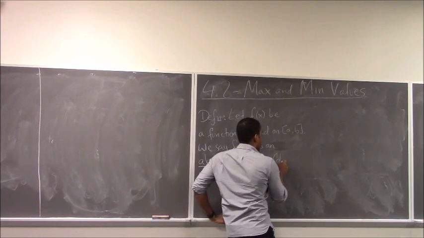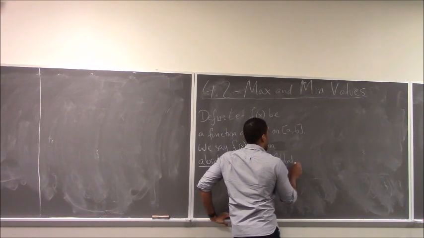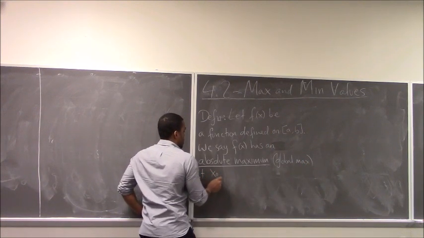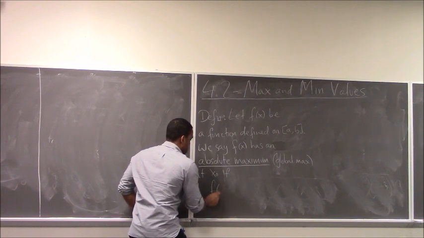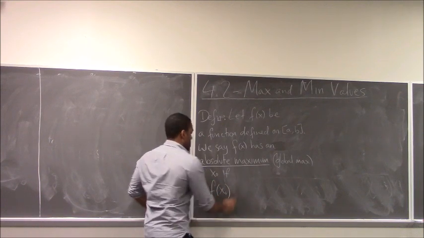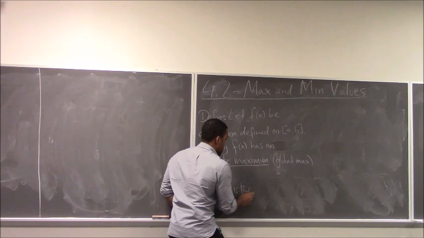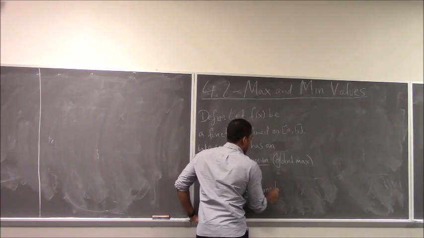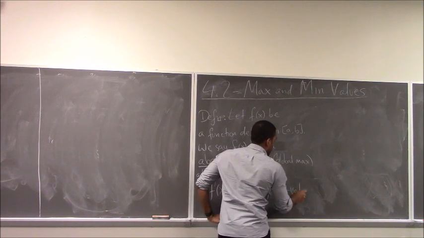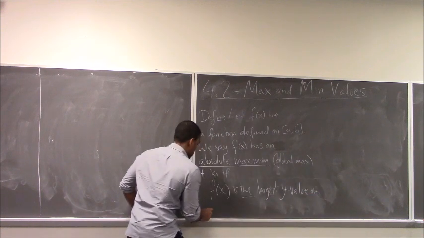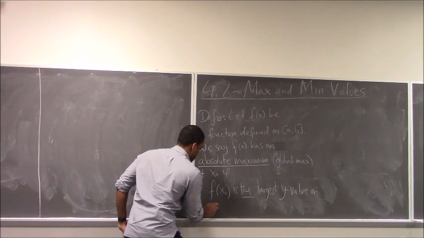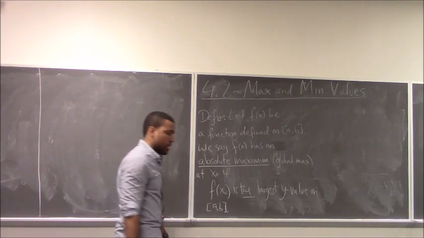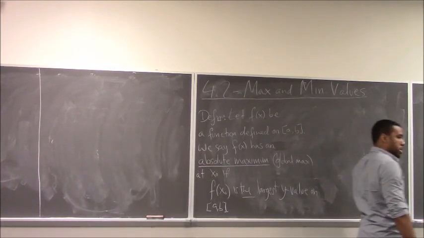It can also be called global maximum at x naught, if the y value at x naught is the largest y value on the interval. Right, so the biggest y value that the function attains is called the absolute maximum.